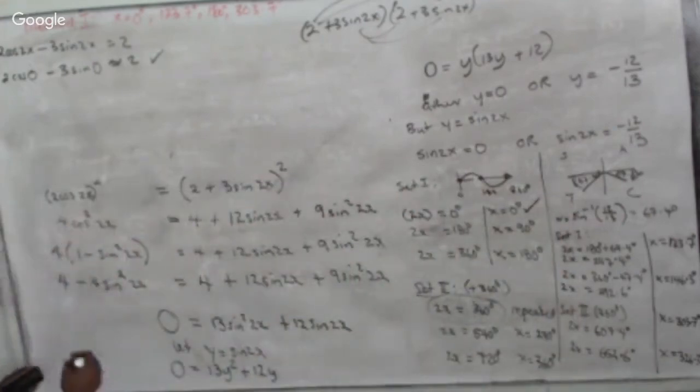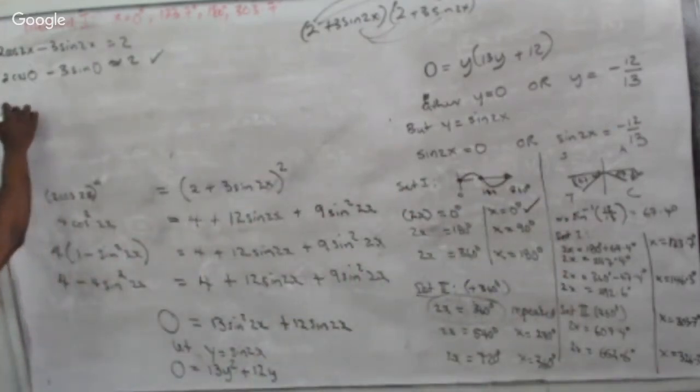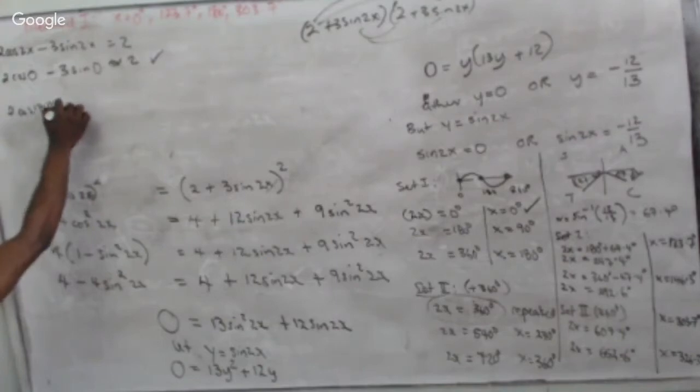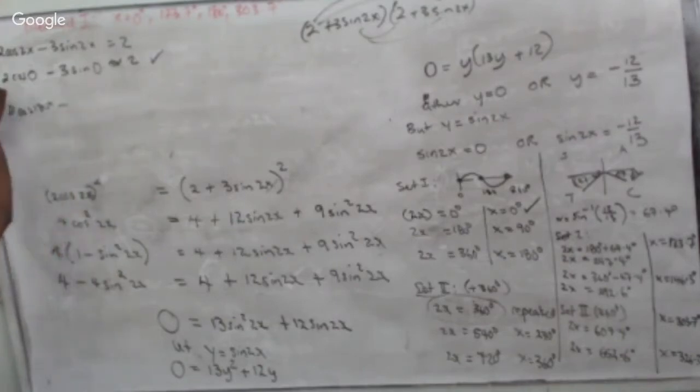Then you go and plug in 2 cosine 180 minus... Remember, what you're checking here is the 90 degrees. I would have checked 90 degrees. When I'm checking 90 degrees, you realize I'm plugging in 180 because it's 2x that I need to plug in.